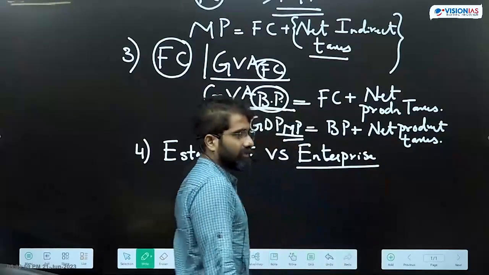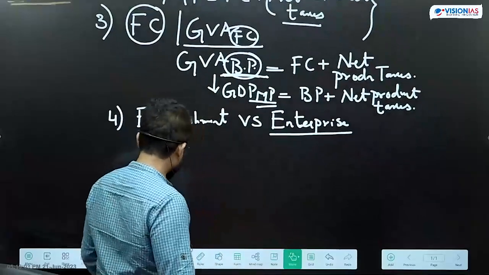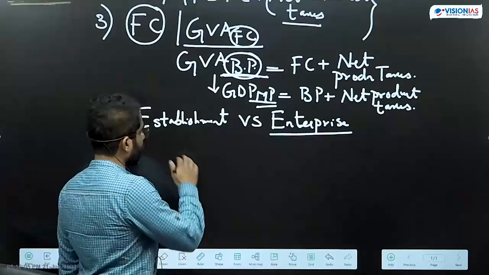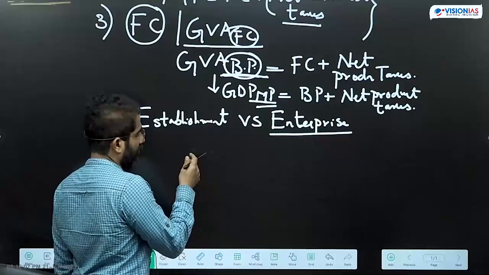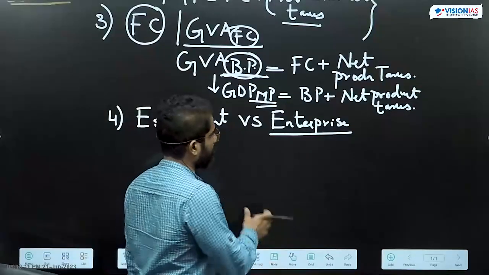So what is this enterprise? Simple logic here. So earlier, before 2015, they were calculating the value additions at the establishment level. Now they started calculating it at the enterprise level.